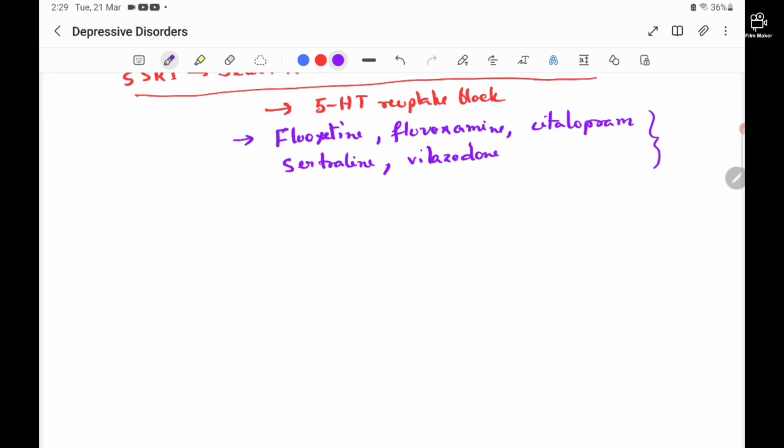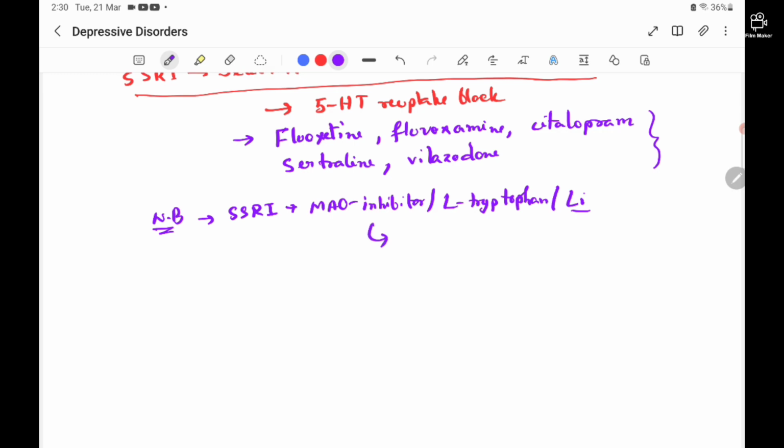Now, a point to note here is that these SSRIs, when combined with MAO inhibitor or L-tryptophan or low dose lithium, raise plasma serotonin concentration.